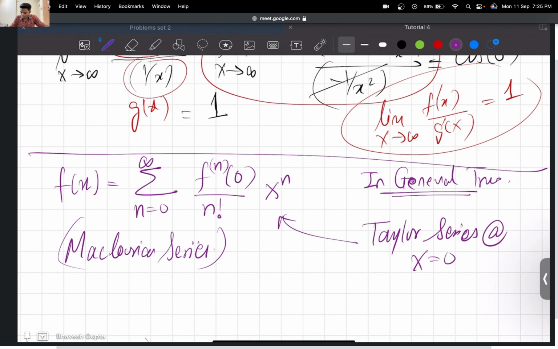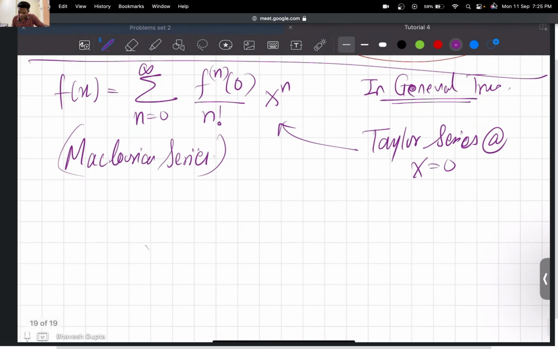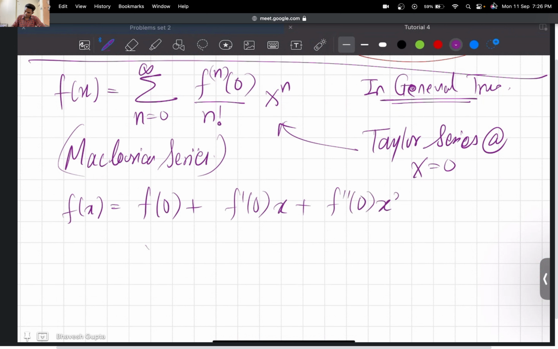And the important idea is that if you look very carefully at this series, this is nothing but just this, right? The double derivative term, and so on, that's infinite terms.